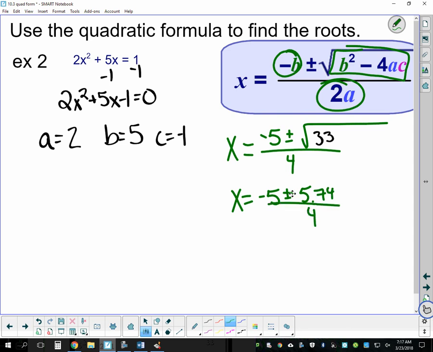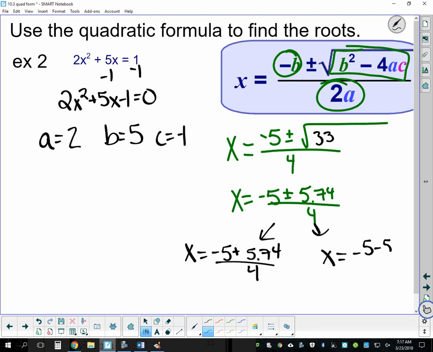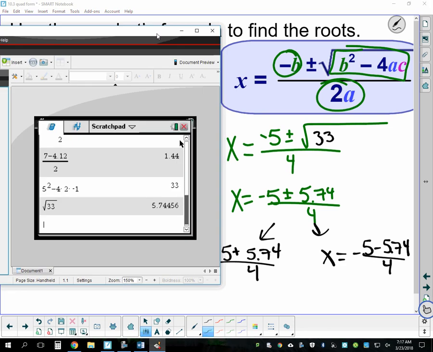Okay, so 3 chunks, then the radical, or the square root, then split it up into 2. You'll do 1 with the plus of the plus or minus, and 1 with the minus. Okay, and then you're going to calculate it. Again, make sure how you calculate it is the correct way.